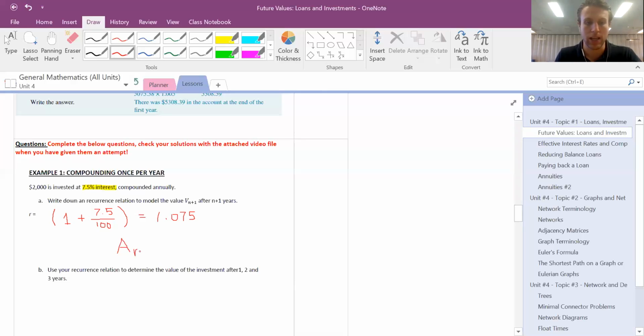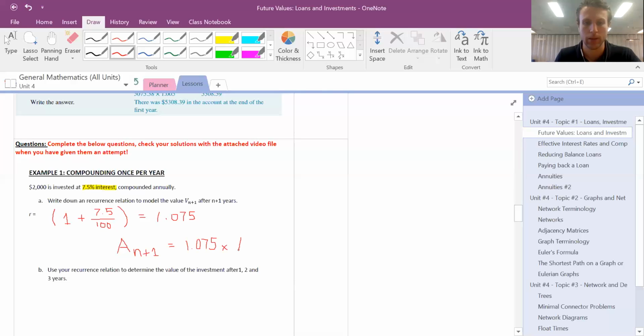So I can start off as An plus 1, and that is going to be equal to R, which is 1.075, multiplied by my initial term. And my initial term for this is An.